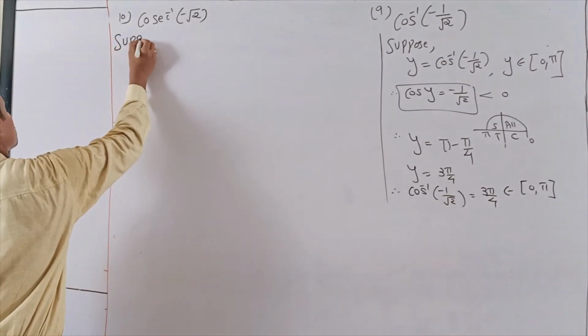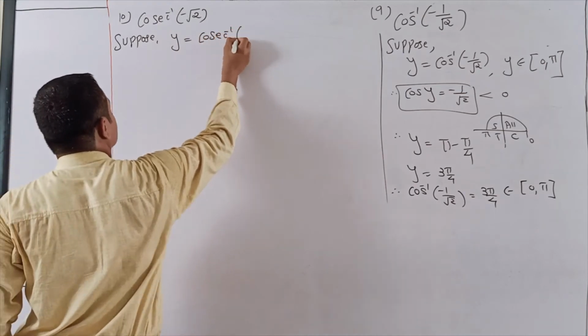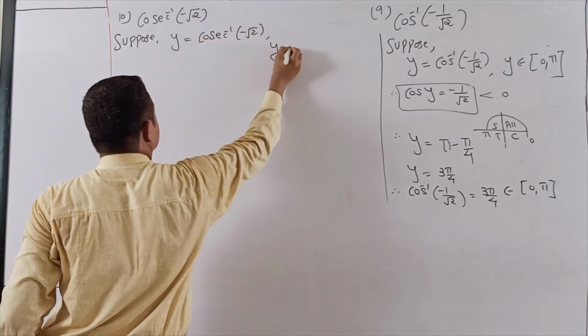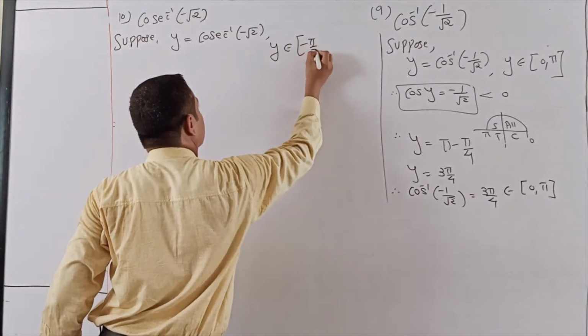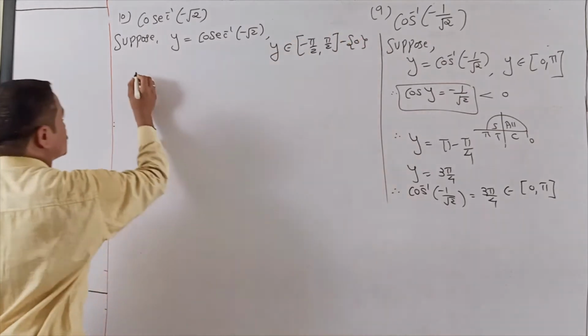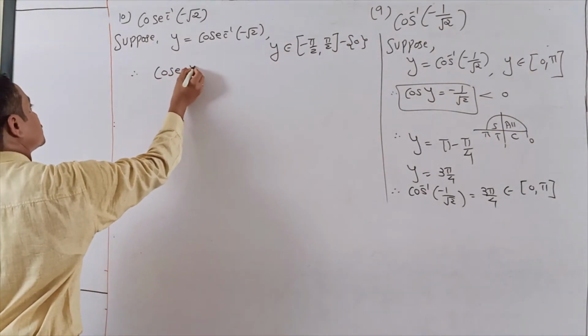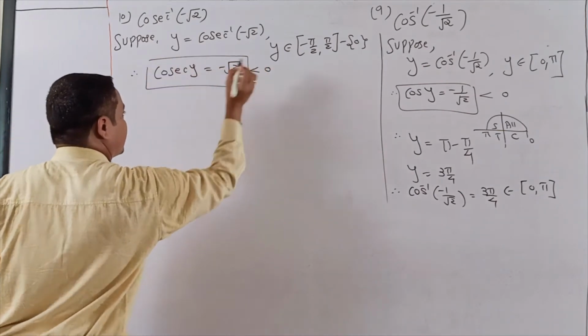Suppose y is equal to your question, where y belongs to, what is the range of cosec inverse? Closed bracket, minus 90 to 90, minus 0. So finally, cosec y is equal to minus root 2, and here you get, students, and check, it is negative.